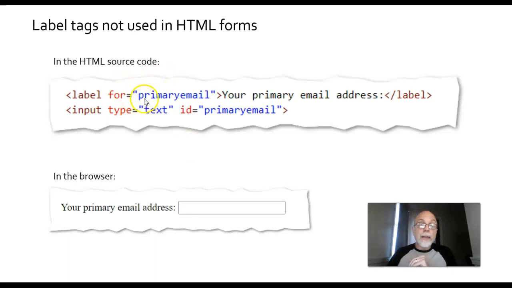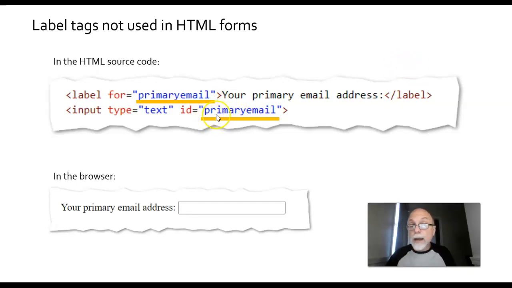You want to have a label here so that this text, notice that the label is around your primary email address. This text is the label for this input tag. And the linkage between the two, the text and the input tag, is the value here of primary email, which I get to make up.